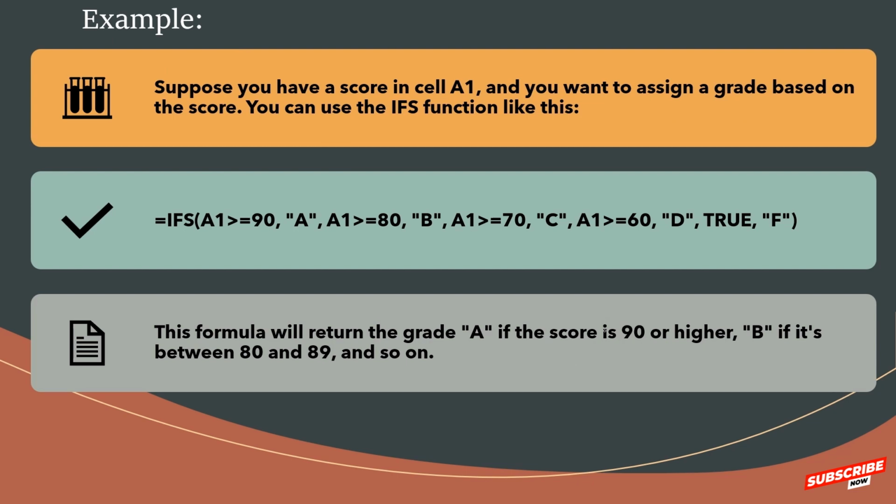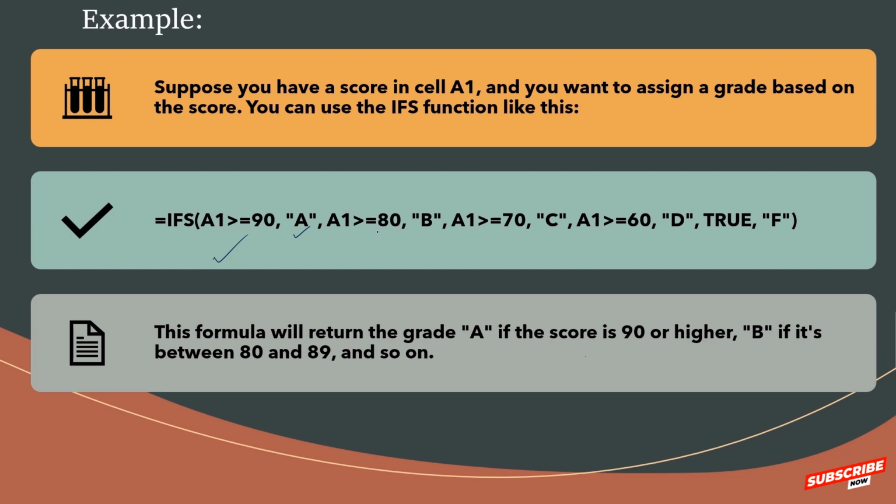Suppose we have marks, our score, in the A1 cell and you want to assign a grade based on the score. So the IFS function will be like: if A1 is greater than or equal to 90, grade A. So what is condition 1? In condition 1, A1 greater than or equal to 90, then the message that will be displayed is A grade.